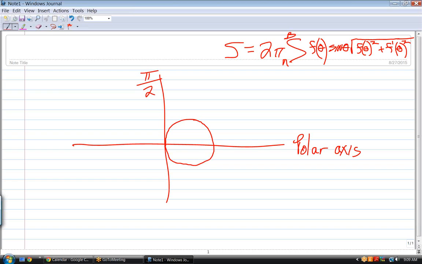So this makes sense when you think about how we got surface area under the rectangular coordinate system. It was a function of arc length. I'm trying to think about that for a second here.